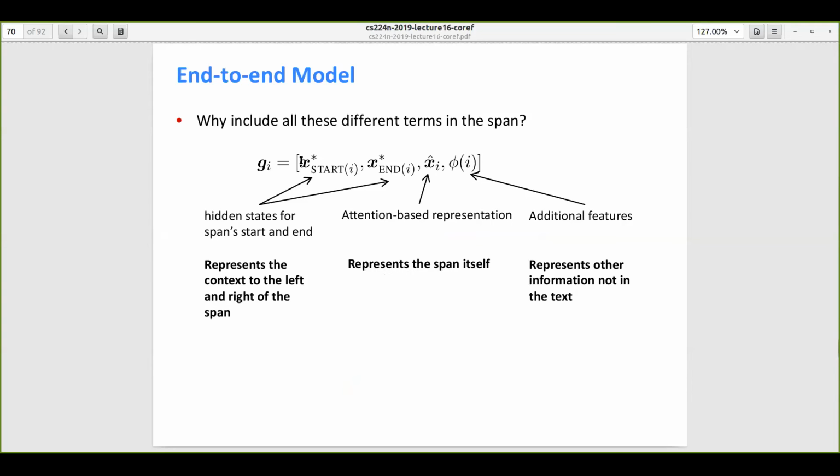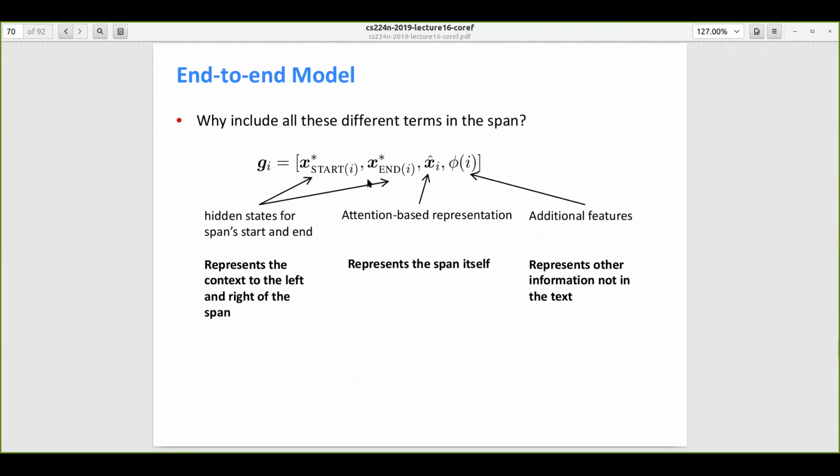So let's assume that we have a span here, which means it has a starting word and it has an ending word. So the hidden states for each of these, X star, is the hidden state for the span start and end words. What it does is it represents the context to the left and right of the span.